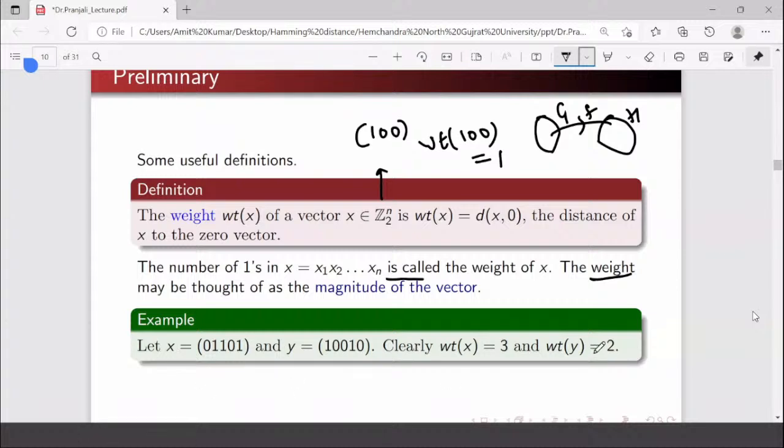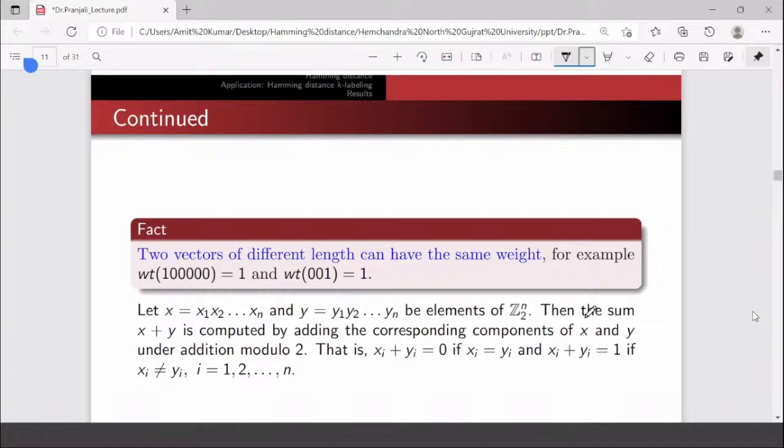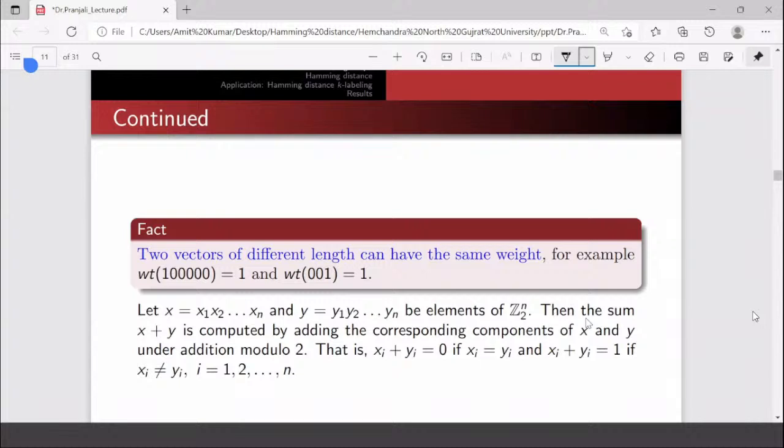Here I have taken an example. Take x equal to 0, 1, 1, 0, 1 and y is this. These are 5-tuples. So the weight of this vector, since there are 3 ones, is 3. And here there are 2 ones, so the weight is 2. Now, this is a fact which can trivially be seen: 2 vectors of different length can have the same weight.